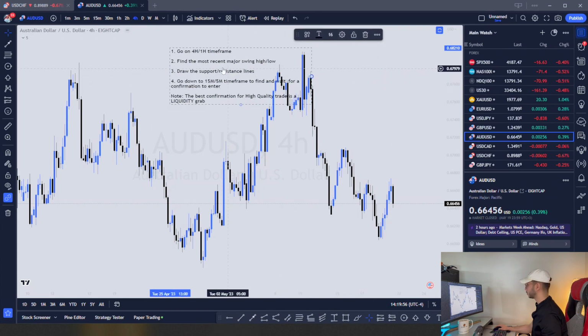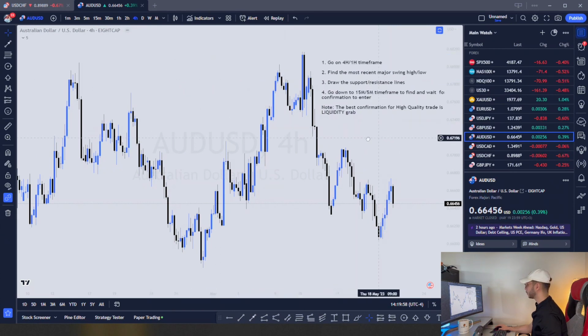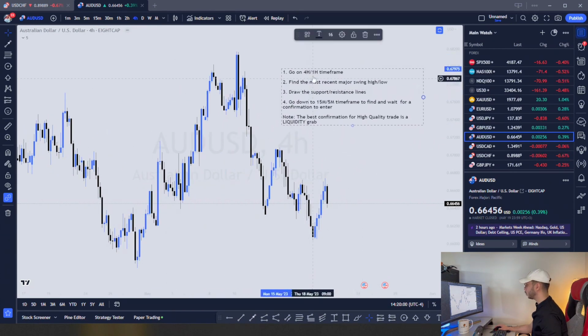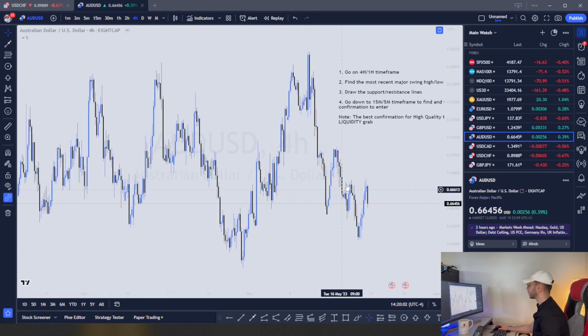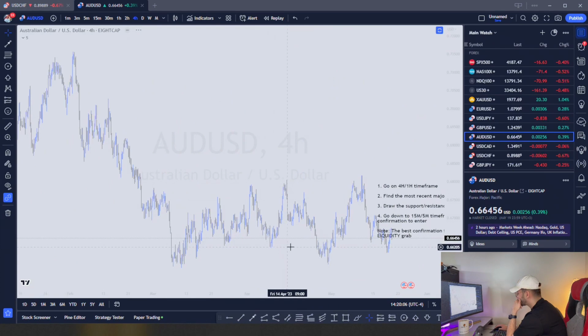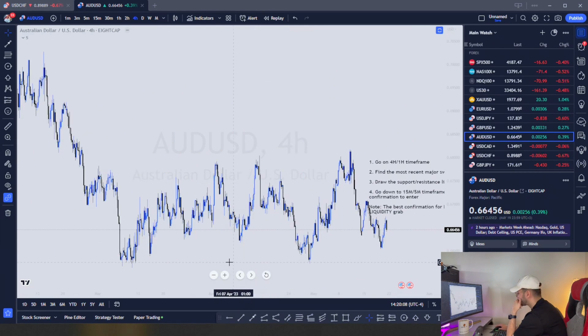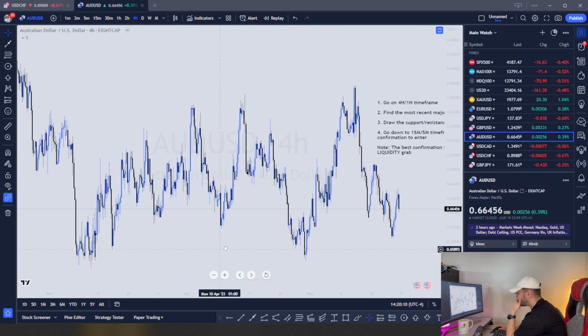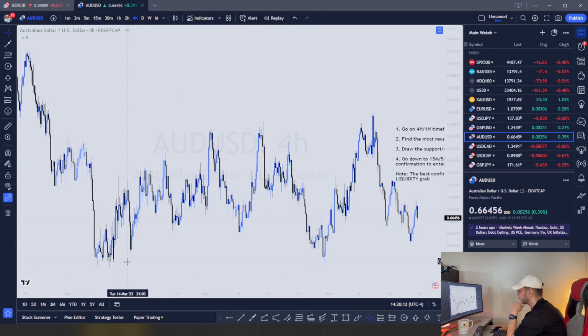Now for the Australian dollar, the first step, we go on the 4 hour. I'm going to put the steps here. So we go on the 4 hour time frame or 1 hour, up to you. Now we look for swing lows or swing highs, right? Let's do something that's happened before. So for example, we have the swing low here around this area.